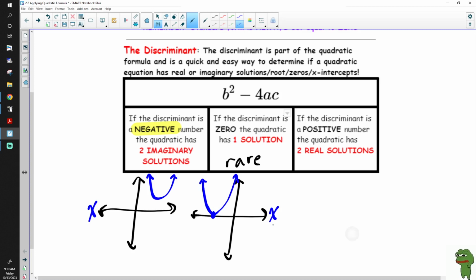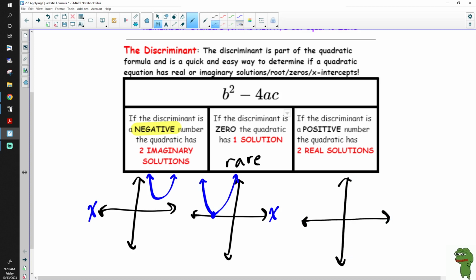The last thing that can happen is your discriminant is a positive number. If you plug in this formula and you get a positive number, it means your quadratic is going to have 2 real solutions. What does that look like?